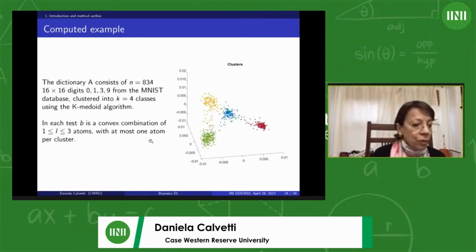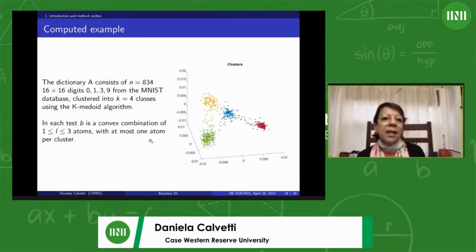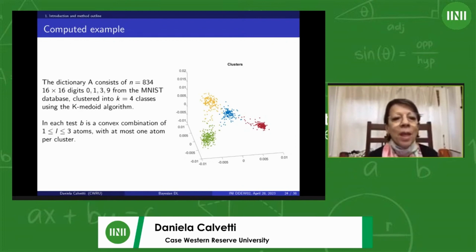Now let me show some computed examples, because I have 10 minutes left. The first computed example uses a very well-tested data set, one that we feel we understand better.